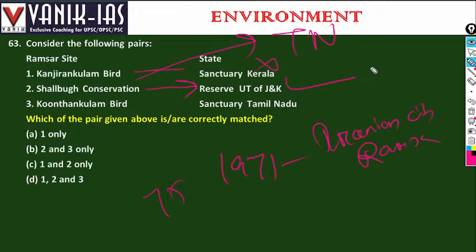That is in Tamil Nadu. So which of the following statements are correct? So 2 is right and 1 is wrong. If 1 is wrong, then the options with it are wrong, and 2, 3 are the answer. Kuntakulam bird sanctuary is in Tamil Nadu, Kanjirakulam bird sanctuary is also in Tamil Nadu. So 2 and 3 options are the right answers.